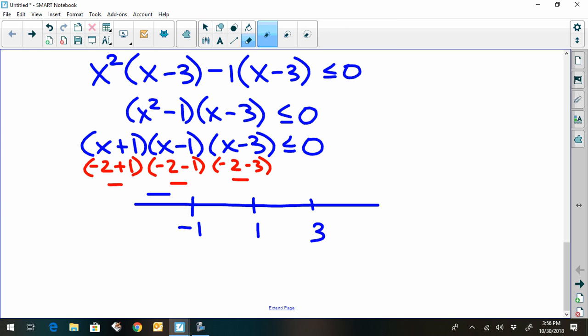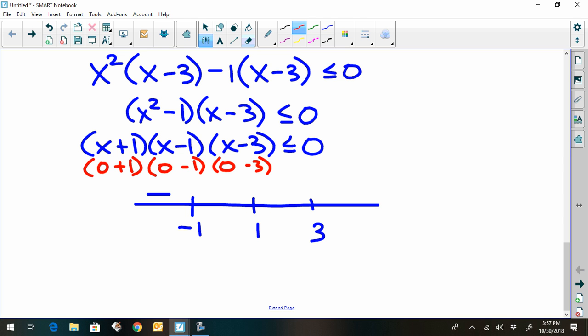So now let's try a different value to input. So I'm just going back through and going to try another one. So between negative 1 and 1, I'm going to try 0 because that sounds easy. So I'll plug 0 in.